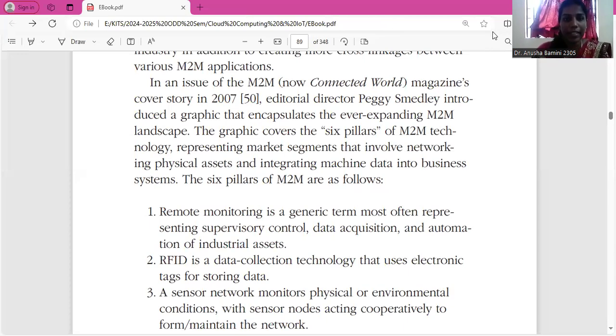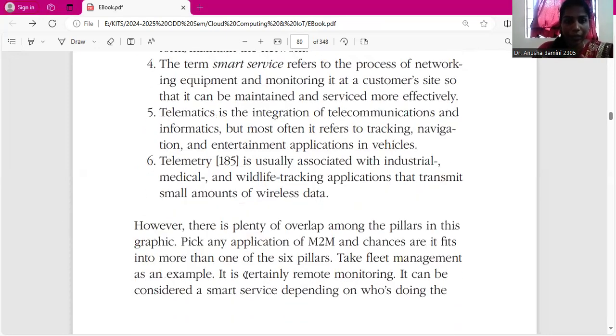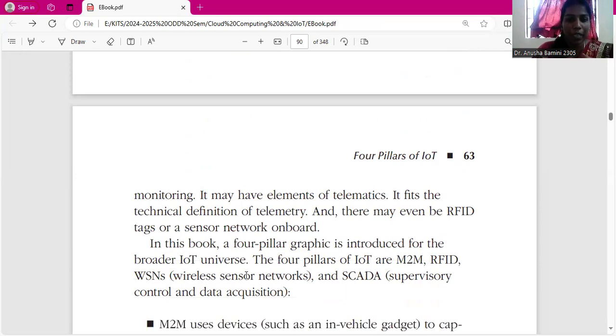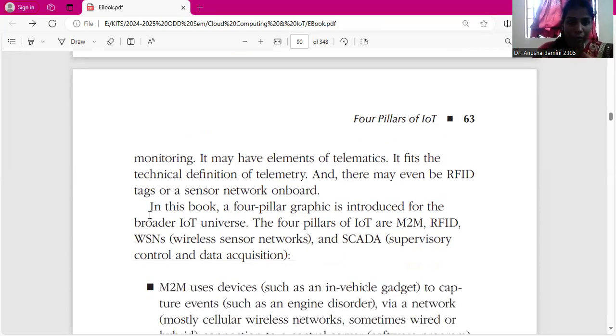So these are the six pillars of machine to machine. Then another thing is four pillars of IoT. Okay, so before learning about these four pillars, the topics we learned from this module are, importantly, three I's, then five A's, after that six pillars of machine to machine.